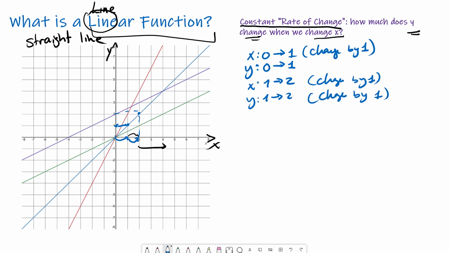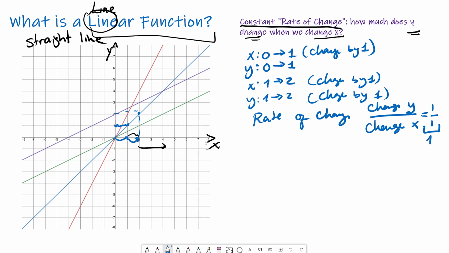So what is our rate of change? It's the change in y divided by the change in x. In this case, when we change x by 1, we also change y by 1. So our rate of change is equal to 1. That is the case for our blue line here.